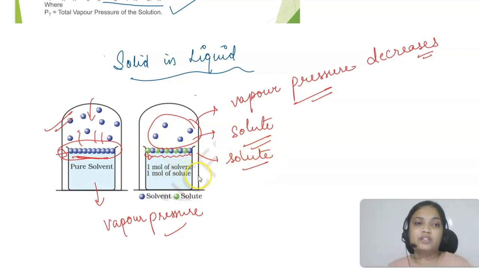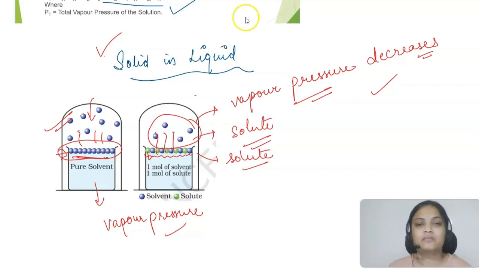So if the fraction of molecules of your solvent decreases, it means the molecules going into the vapor state also decrease, and hence the vapor pressure decreases. So that is why for a solid and liquid solution, you must know that whenever we are adding a non-volatile solute to a solvent, the vapor pressure will decrease in that case.